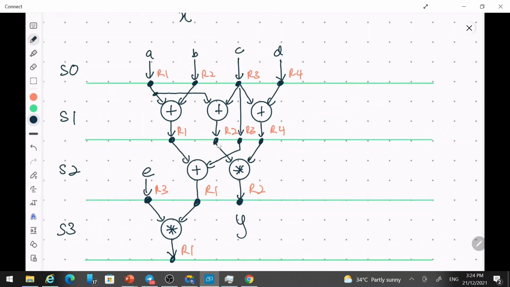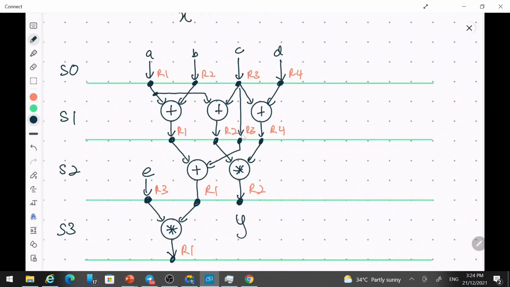All right, but make sure that you do not replace the value of the one that you need to use later on. So for example, in this case, C is in R3, and we don't want to write to R3 in these operations, because we still need C in S2, since we want to add C with the result of this. That is why no value is written to R3.